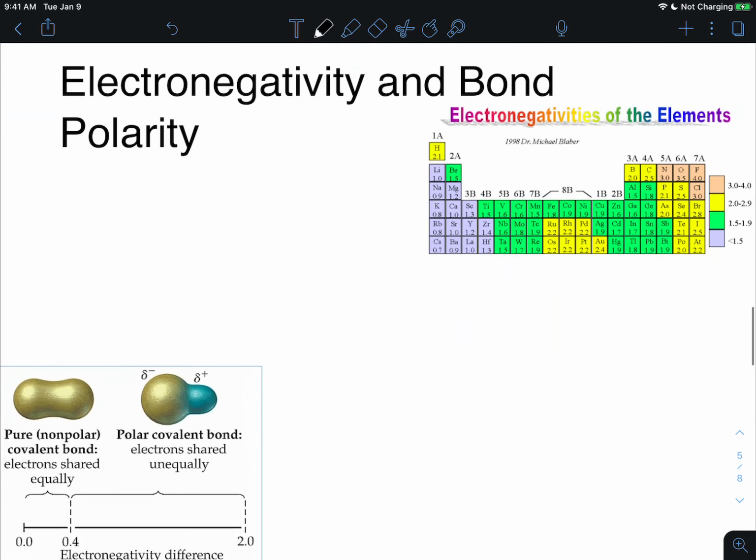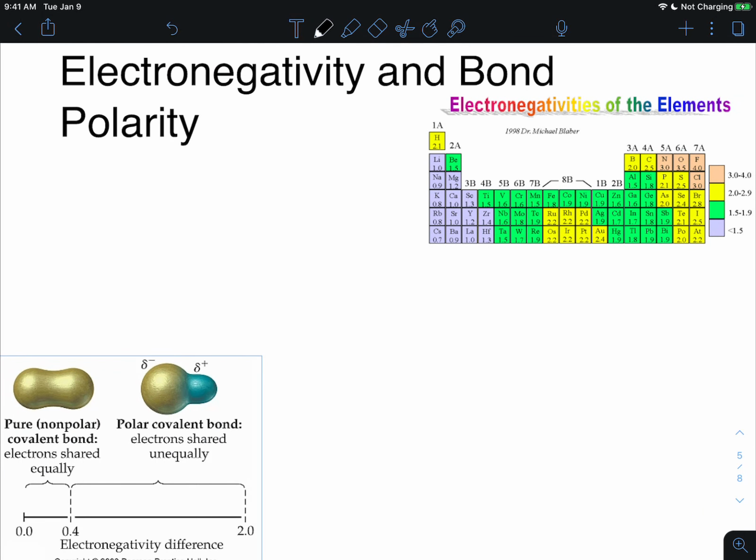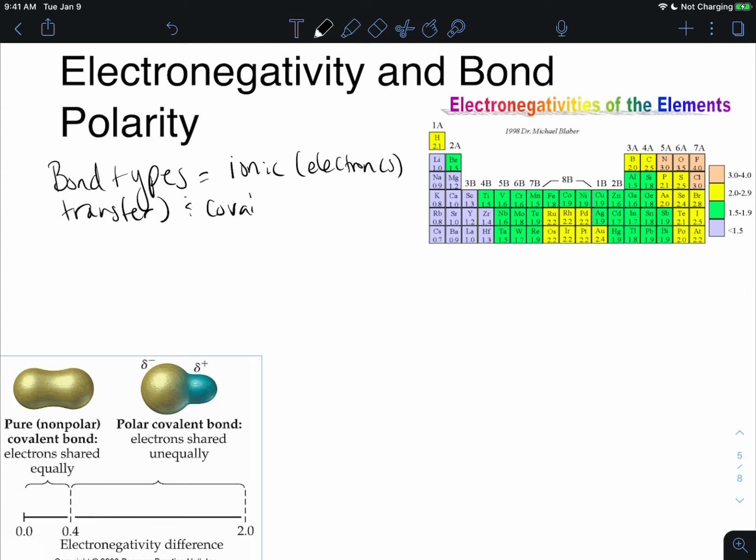And we can look at that when we're looking at our electronegativity and bond polarity. So actually determining these values. So we think about bond types. We have two types. Ionic is the electron transfer. And covalent, electron sharing.